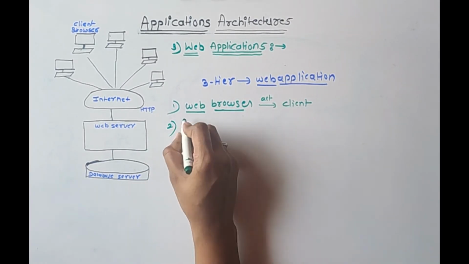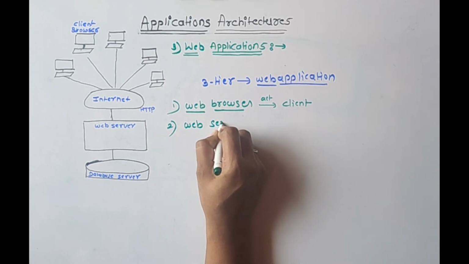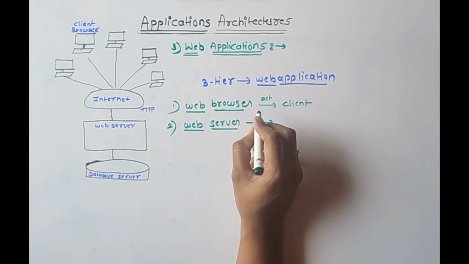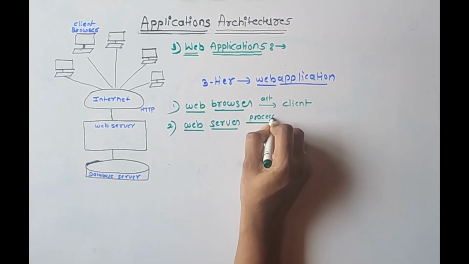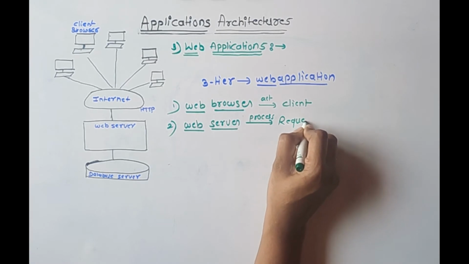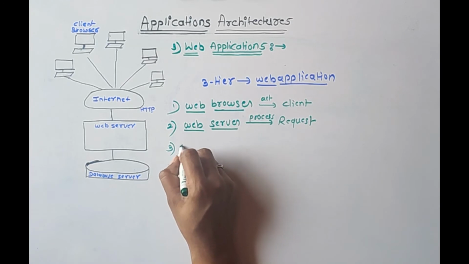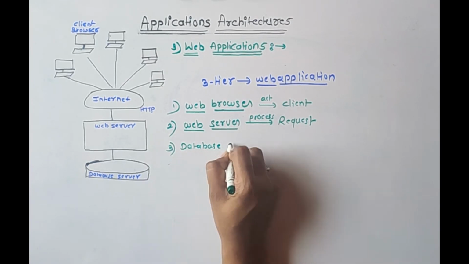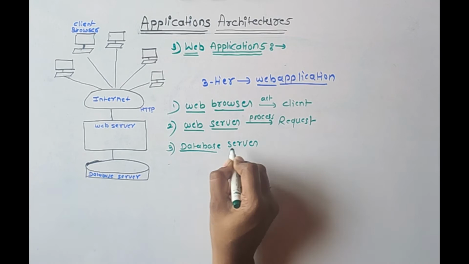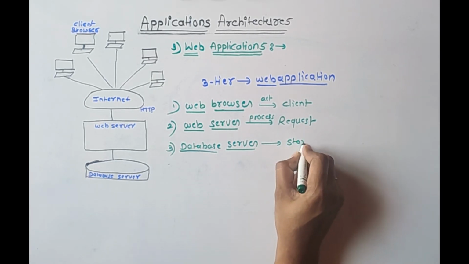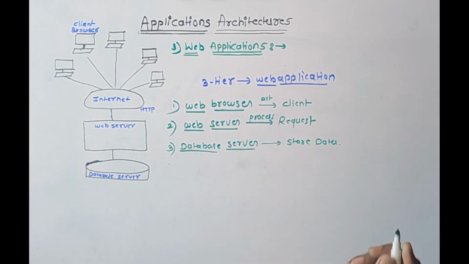Second one is the web server, which processes the request. And the third tier is the database server, which stores data.